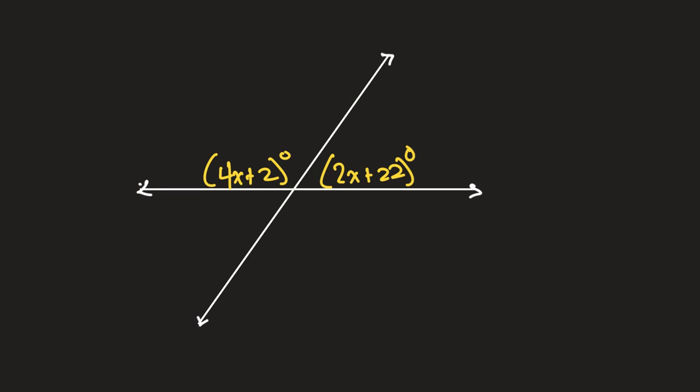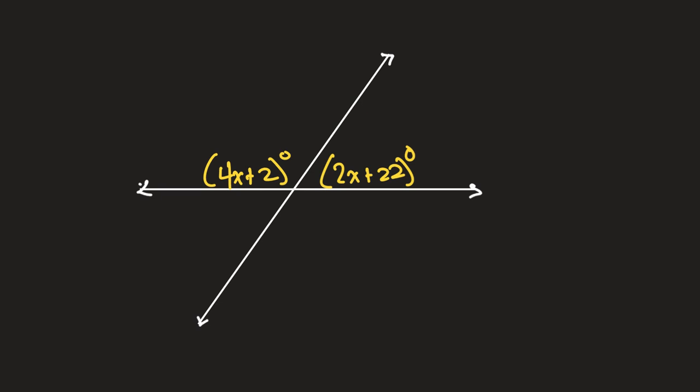Let's do one that's supplementary here. So, again, just a different type of picture. You're going to run into all kinds of different lines and segments and all that kind of stuff. But I think with this one, it's pretty evident that we're dealing with a straight line, a straight angle, if you will. So these two angles are going to be supplementary.